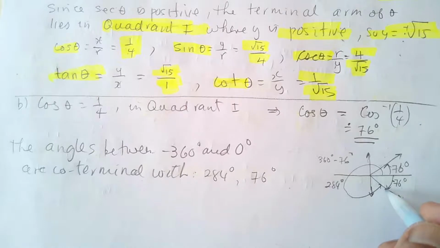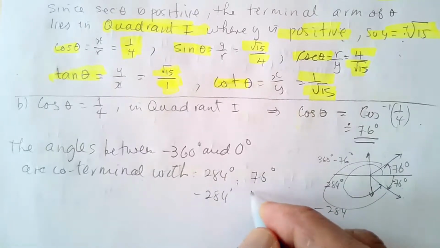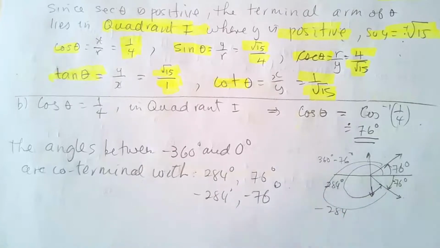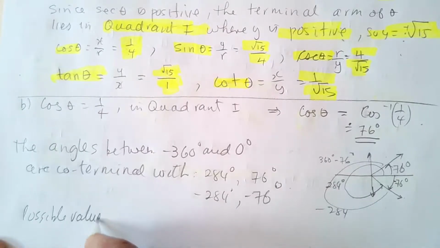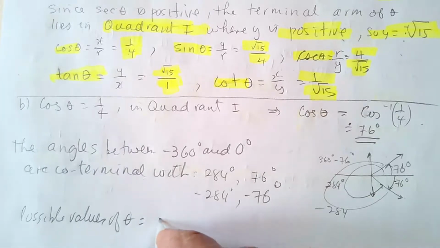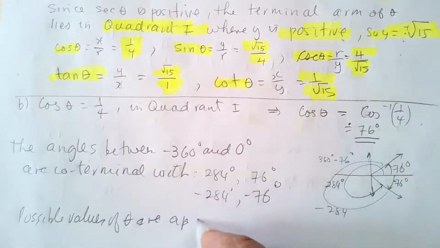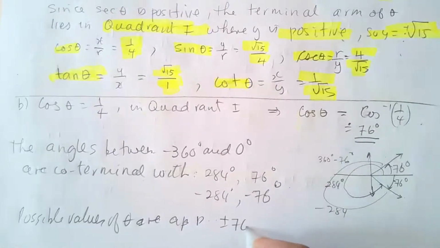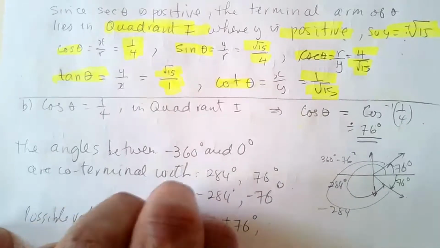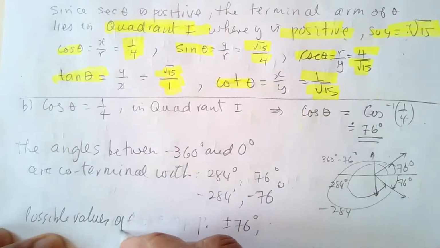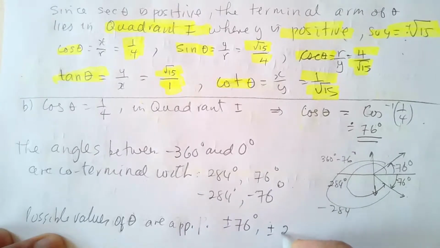We also have another one going around here, negative 284 degrees, and negative 76 degrees. So possible values of theta, and by the way, these are all approximate because I approximated at the beginning, are approximately plus or minus 76 degrees and plus or minus 284 degrees.